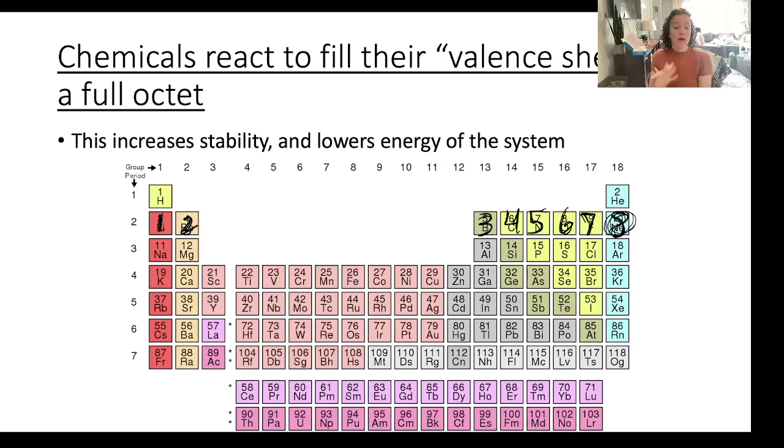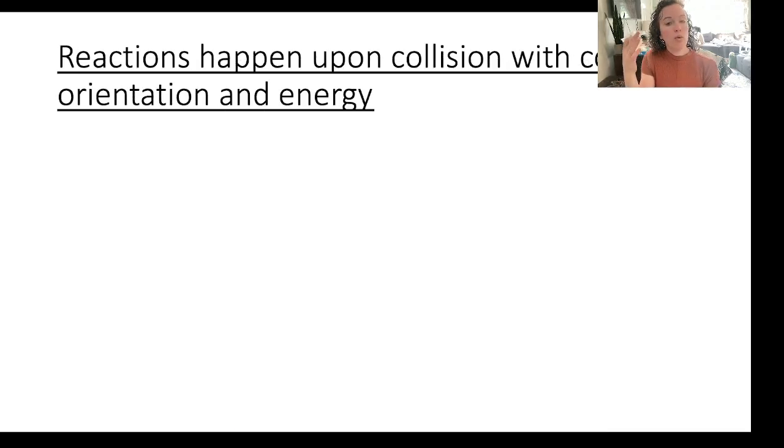It has a full octet, a full valence shell. And that is true for elements in this group. These are called the noble gases, and they are generally not very reactive because they are happy as is. They have their full valence shell. So now we know why reactions happen.